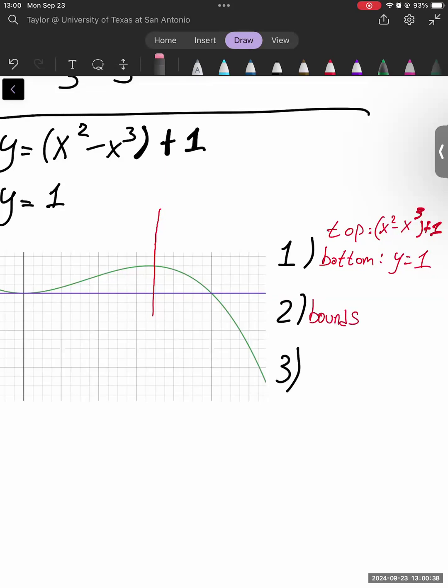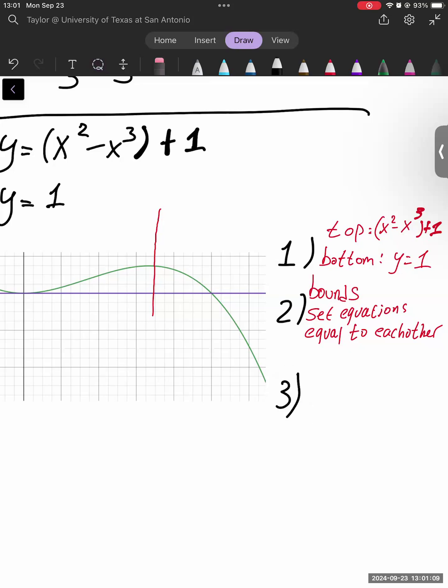And then, so how do we do that? So that way I can include that in my notes. Cool. Set them equal to each other. All right. And then what do we get?